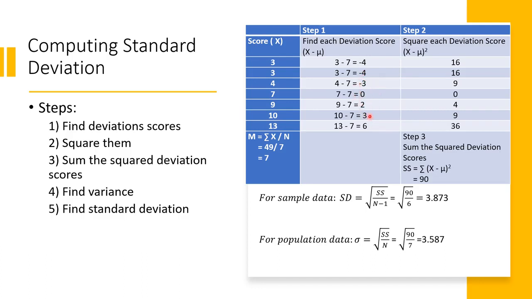It will always be like that. The standard deviation is the typical or average deviation of scores from the mean. Some are going to be more than the standard deviation away, and some are going to be less than the standard deviation away.